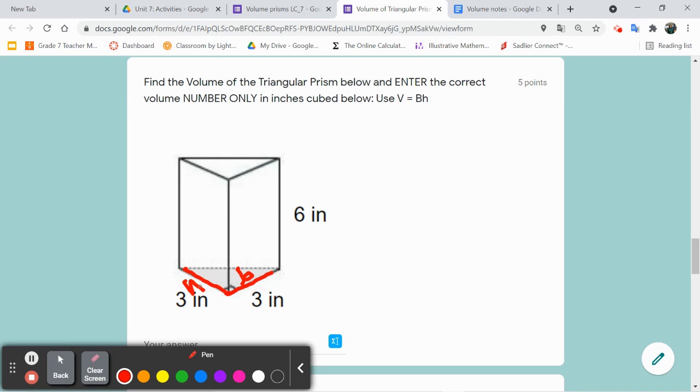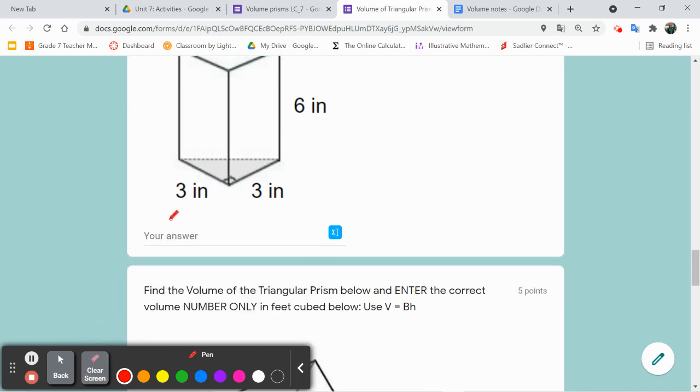That's fine. Then, to finish off the formula, you have to multiply it times the height of the prism. And remember, that's going to be the side that connects the two bases. There we go, 6. So first I find the area of that triangle. Multiply those two numbers times each other, then divide by 2, write it down. Then you're going to multiply it times the height of the box, which is right there looking at you. And you're going to have the number for that answer.